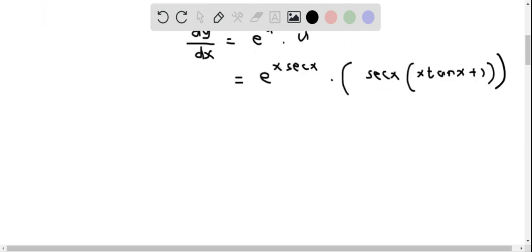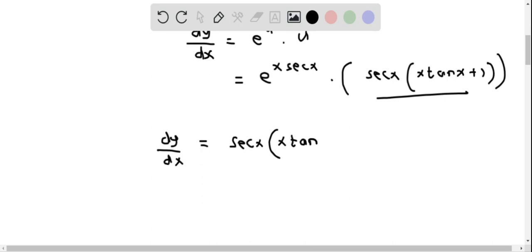So we can write this, I'm going to put this in front, that is secant x times x tangent x plus 1 times e raised to the power of x secant x. And so this is the derivative of y.